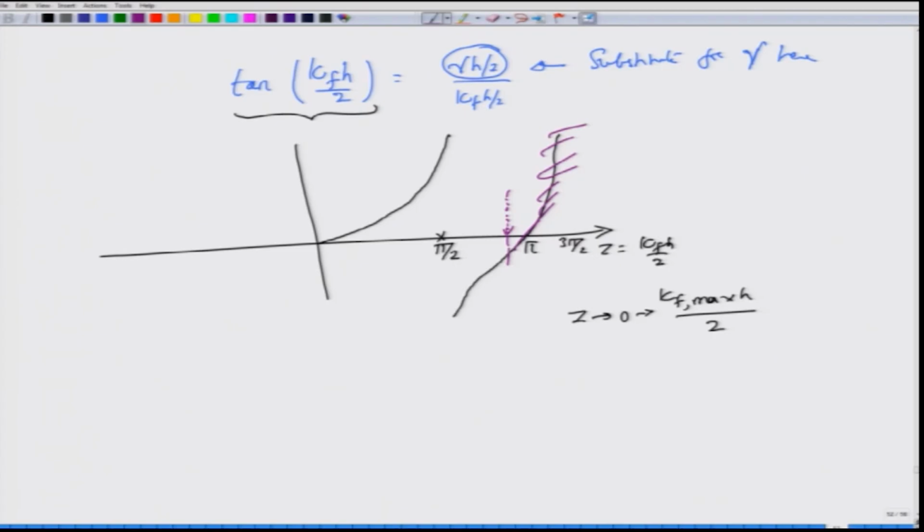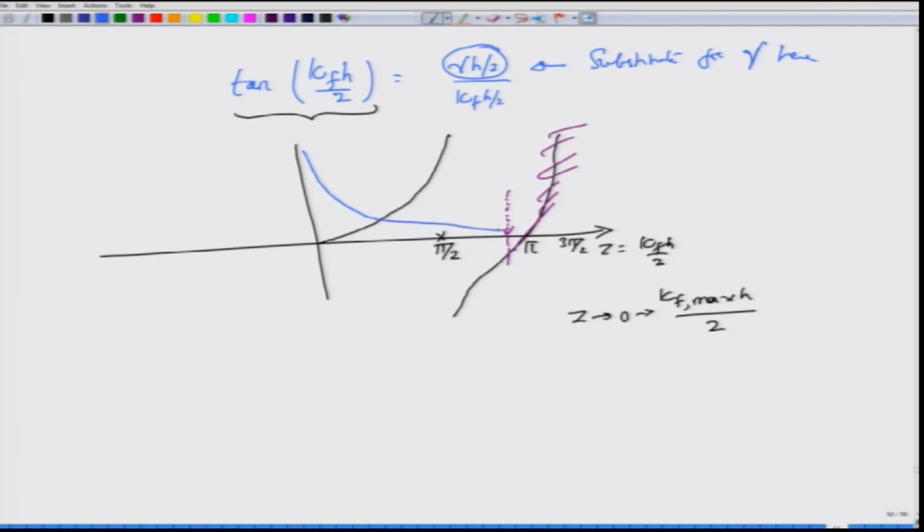Now, let us look at the right hand side. What does the right hand side look like? When kappa f h by 2, or z, is 0, the right hand side actually shoots up, because the numerator will be finite, but the denominator will be 0. So, as you move from kappa f h by 2, you will see that it starts from infinity and then starts to go to 0 like this, okay.